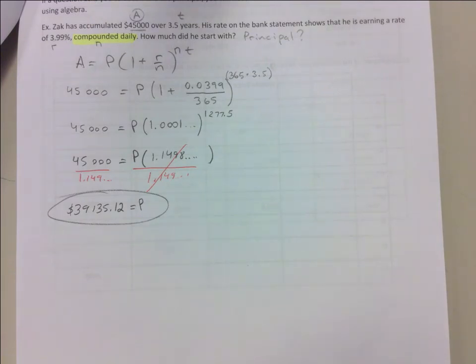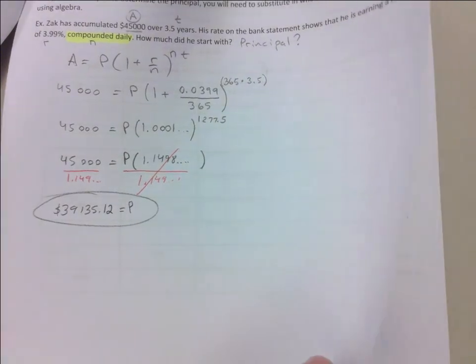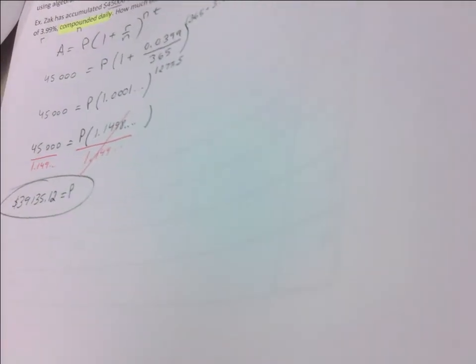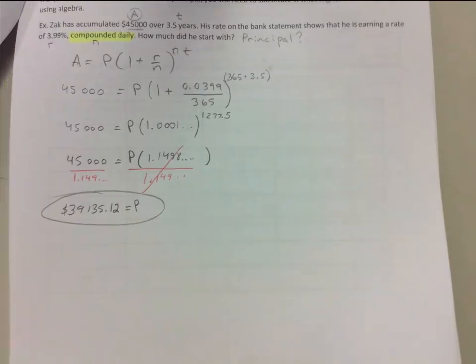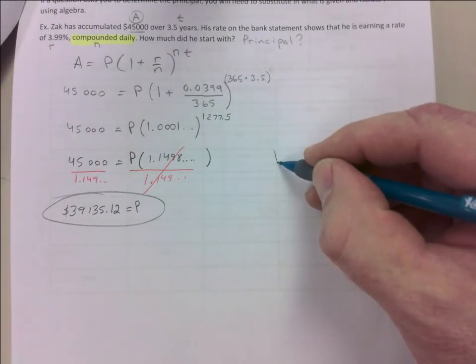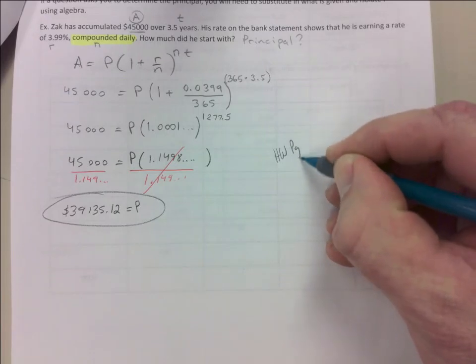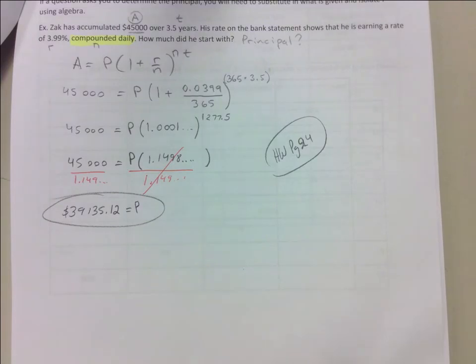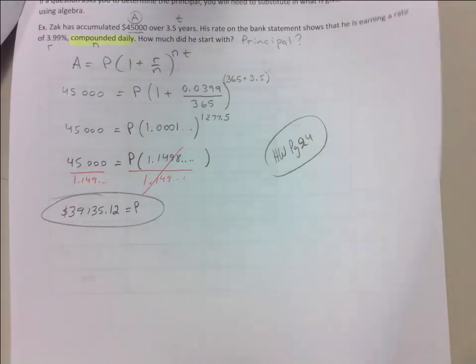All right. Why don't you try a couple here? I'm going to say page 24. And I will give you some of the answers so you know what to expect, okay? Go to 24.